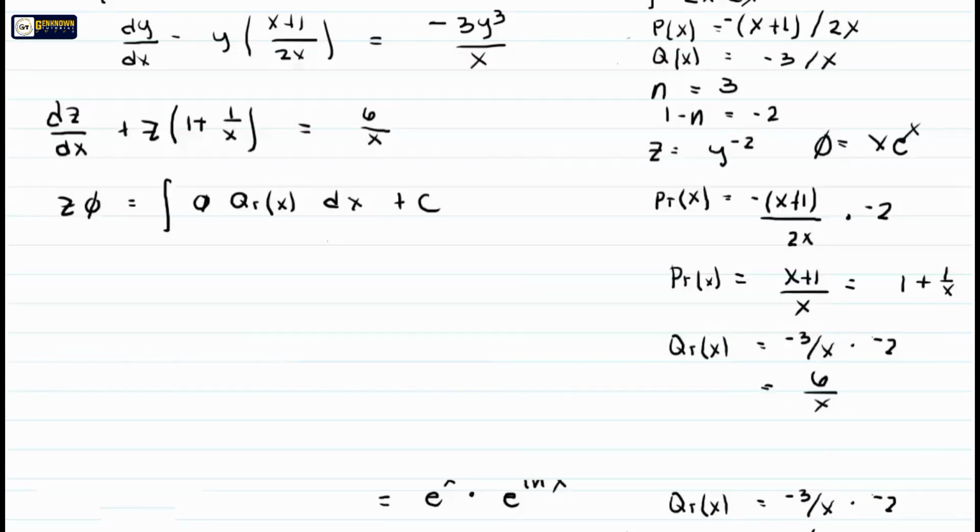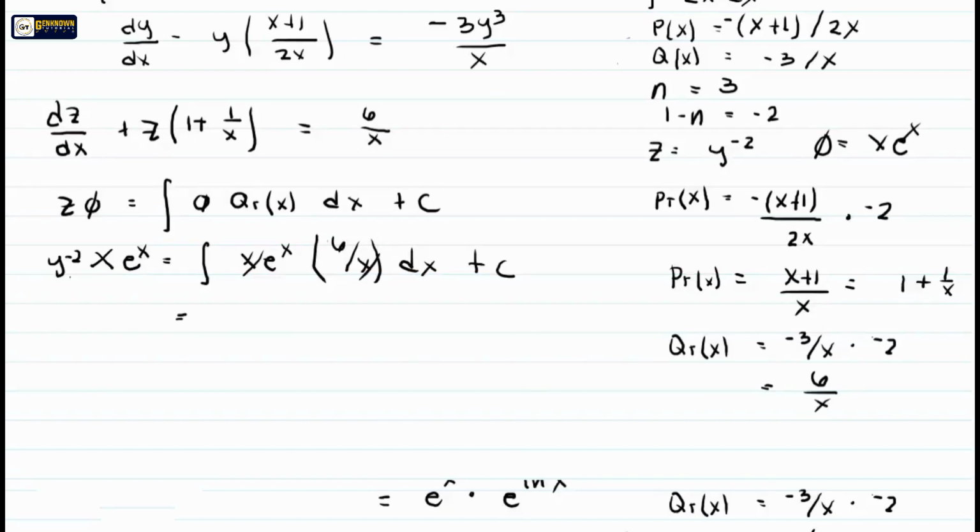Okay, the next step is to substitute the given values. We have z, which is y raised to negative 2, multiplied by the phi, x e raised to x, is equal to the integral of the phi, x e raised to x, multiplied by the QR of x, which is 6 over x, dx plus c. x over x is equal to 1.